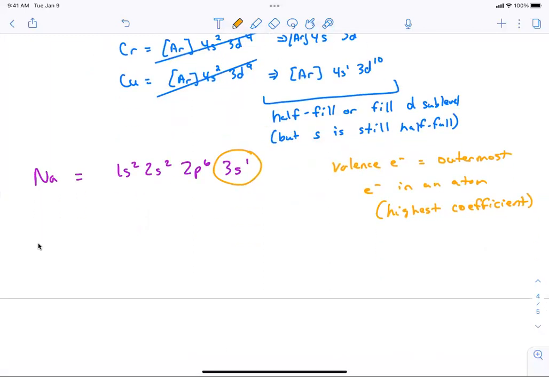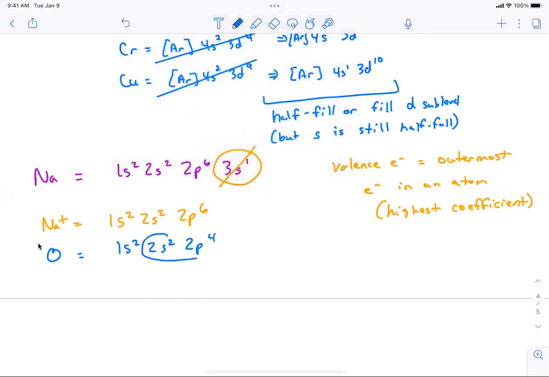So Na is a metal, so it loses electrons, and it's going to lose its valence electron. So Na plus is just 1s2, 2s2, 2p6. Oxygen is 1s2, 2s2, 2p4.